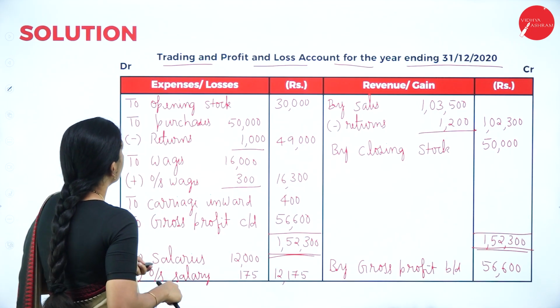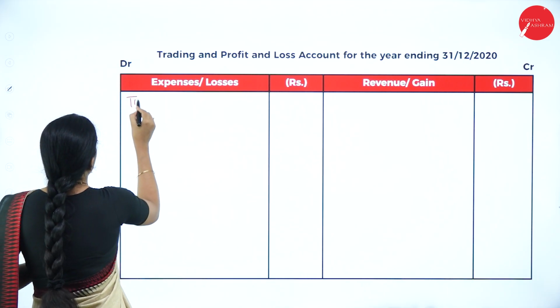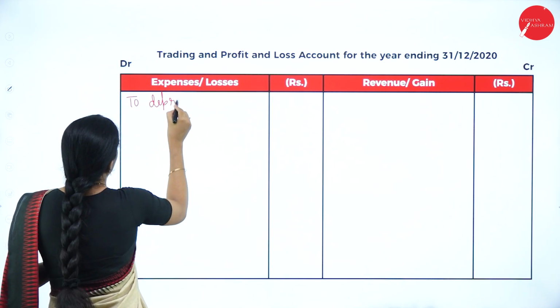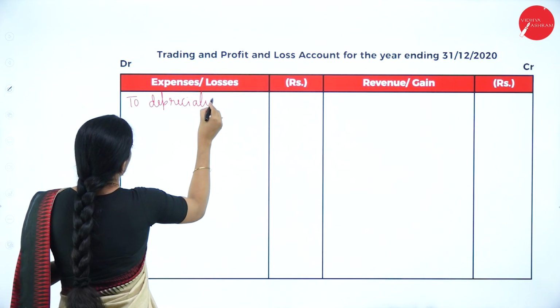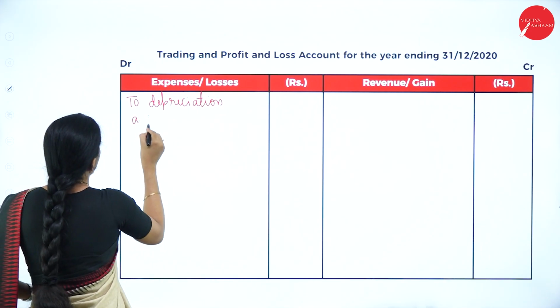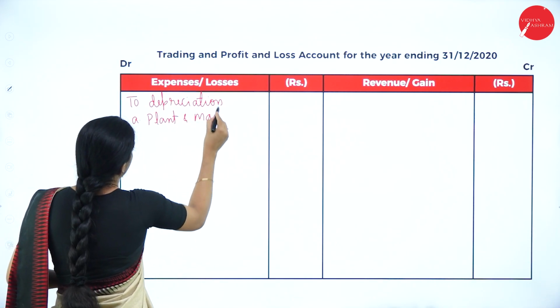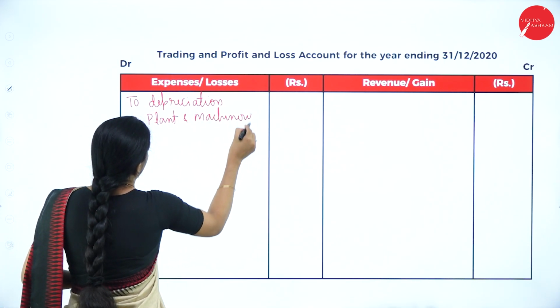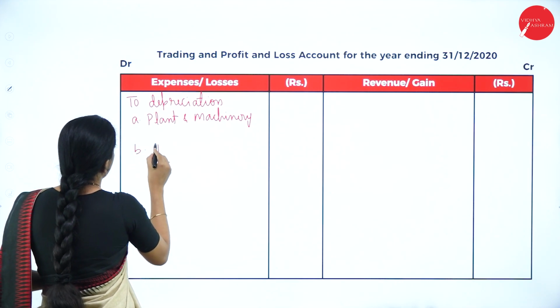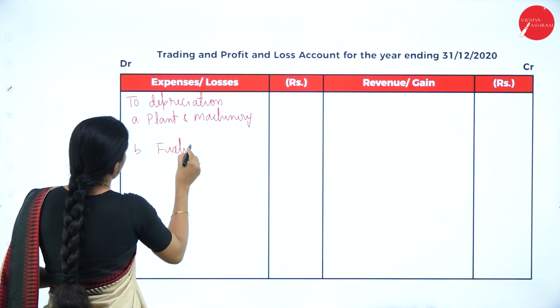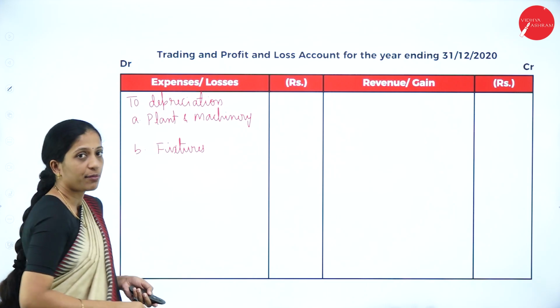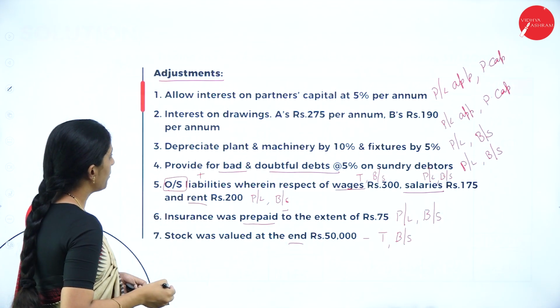So how do you record? To depreciation. We have two assets. First you will take plant and machinery, and the next one is fixtures. You have to take the amounts of plant and machinery and fixtures from the trial balance.